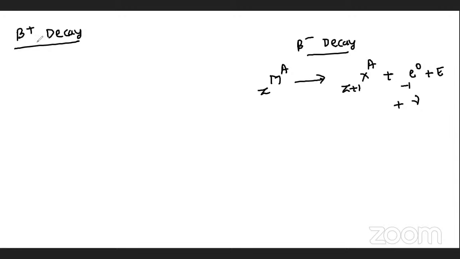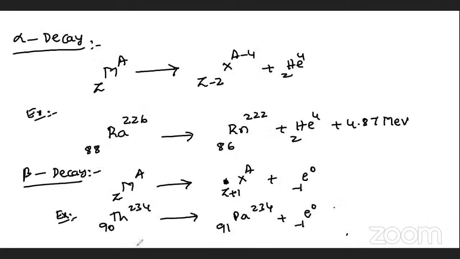And beta positive decay means the atomic number decreases by 1 unit. Some X A plus, okay, see, everywhere here the total atomic number is balanced in every reaction. The total atomic number on the left hand side is equal to the total atomic number on the right hand side, and the total mass number on the left hand side is equal to the total mass number on the right hand side, right?